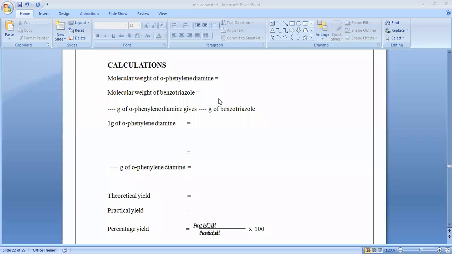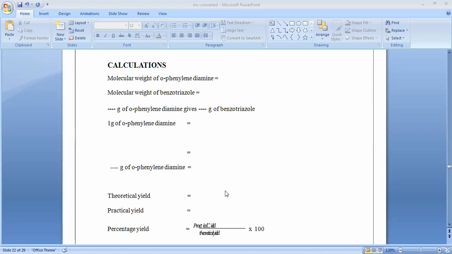Here we have to write the molecular weight of benzotriazole. But we have taken 1 gram of orthophenylenediamine. So how much benzotriazole is prepared? Whatever the cross multiplication gives is the theoretical yield of benzotriazole. After that, whatever synthesized product we filter out, that is the practical yield.